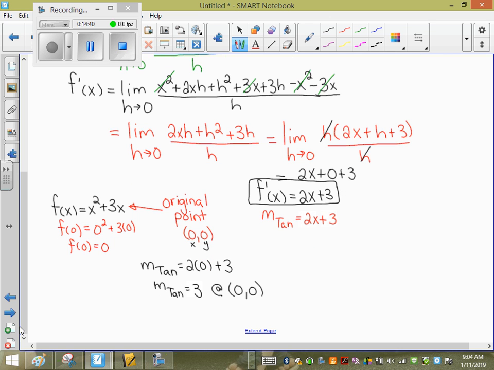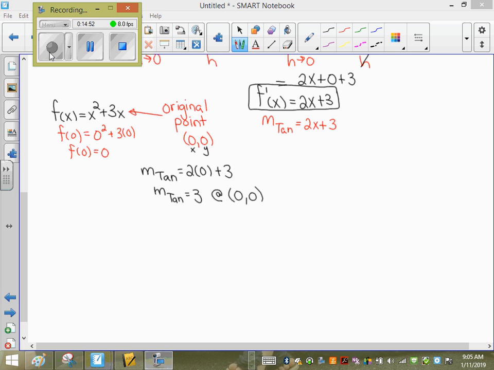So for ease, because we haven't learned how to draw our graphs without our calculator right now, I want you to type the original quadratic into your calculator, and we're going to do a sketch. So you put x squared plus 3x into your calculator, and then we're going to go to our table of values right now, and we're going to steal points off of it. In the next unit, we learn how to graph without our calculators using derivatives.